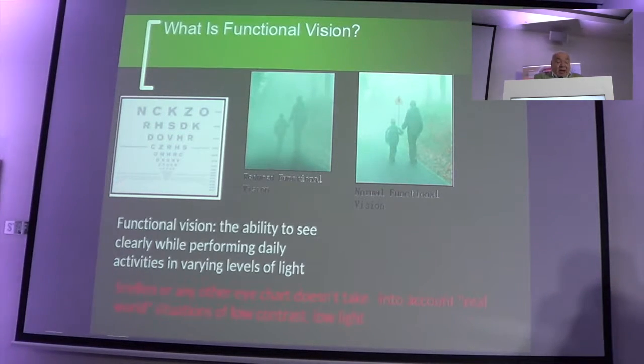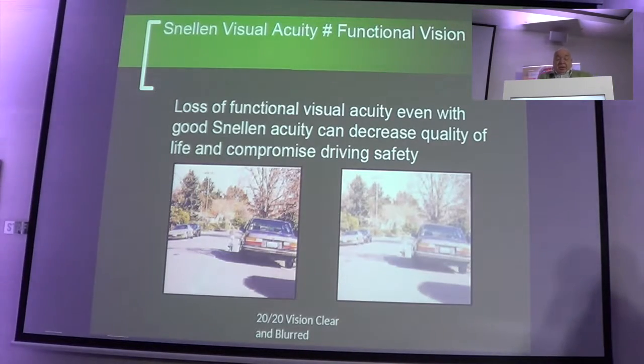Snellen or any other chart, the ETDRS for example, does not take into account real-world situations of low contrast and low light. So here is a typical example of that.